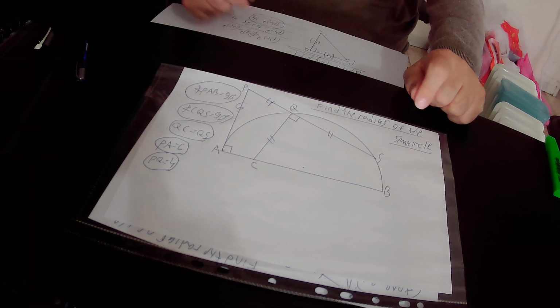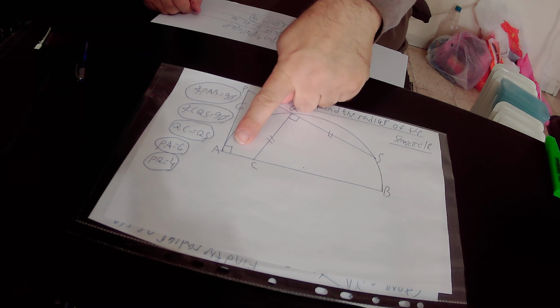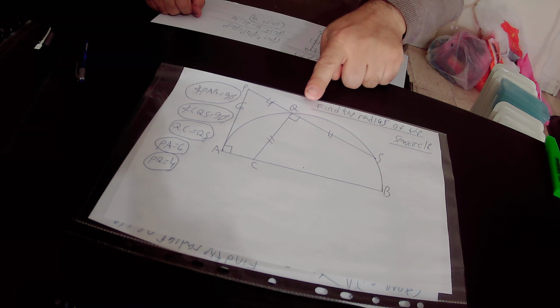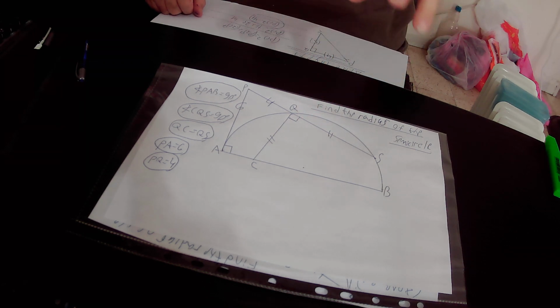In addition, angle PAB is equal to 90 degrees. Angle SQC also equals 90 degrees. Again, our mission is to find the radius of this semicircle.